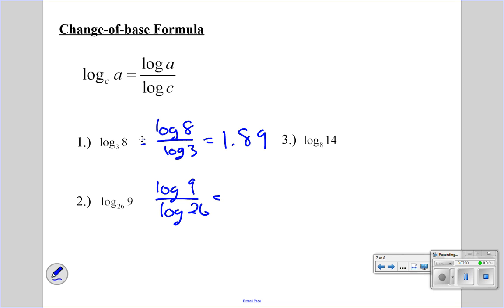Log of 9 divided by log of 26 equals 0.674. This one becomes log of 14 divided by log of 8. Log of 14 divided by log of 8 equals 1.27.